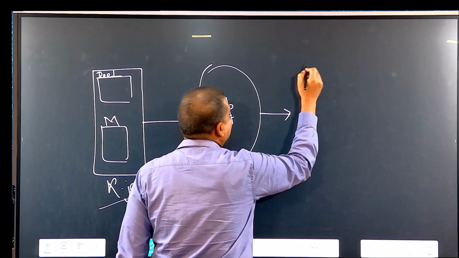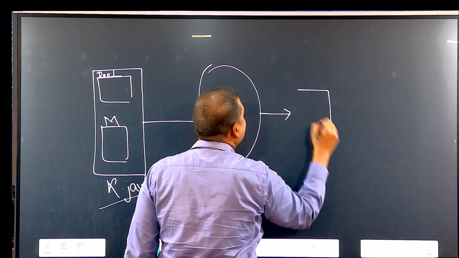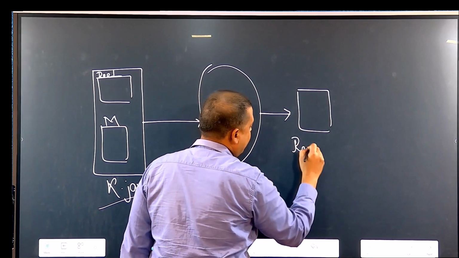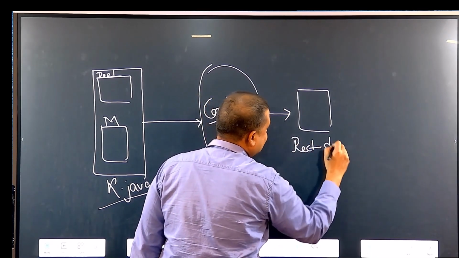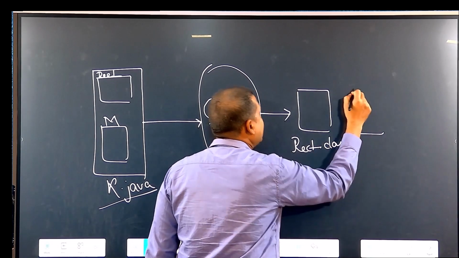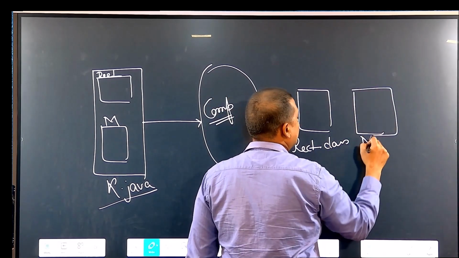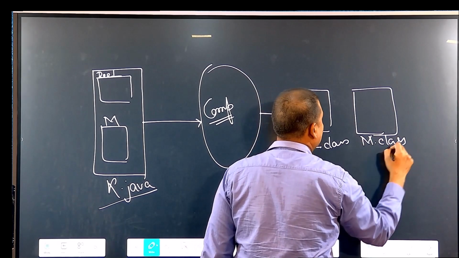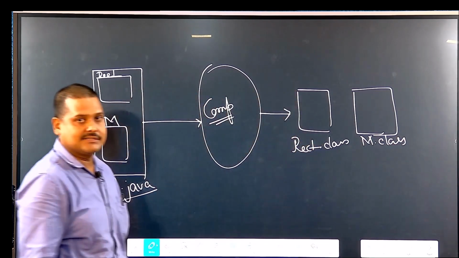Two different class files will be created. One file will be named rect.class, another file will be m.class. Two classes will be created.